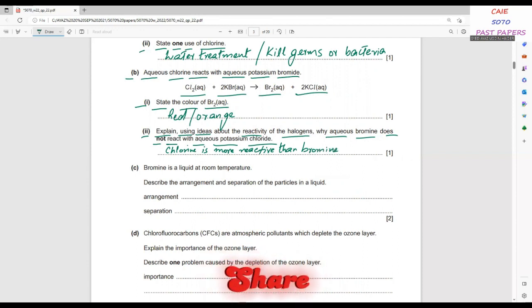Or reverse argument, bromine is less reactive than chlorine, or you can write chlorine is above bromine. Again, you can have reverse argument, which is bromine is below chlorine.